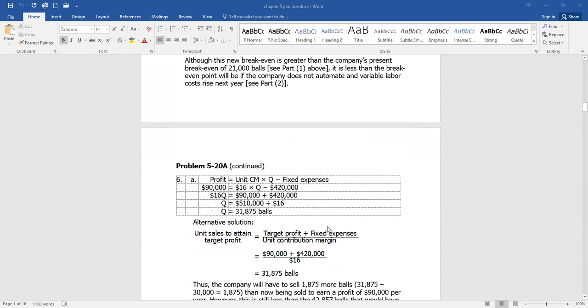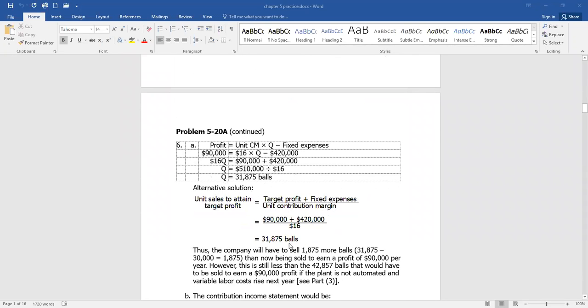Well, just like before, instead of having a zero profit, we're now going to show the $90,000 profit plus the fixed expenses. So that is the total dollar amount of contribution margin that must be made in order to reach a $90,000 profit. Divide that by your new contribution margin per ball.